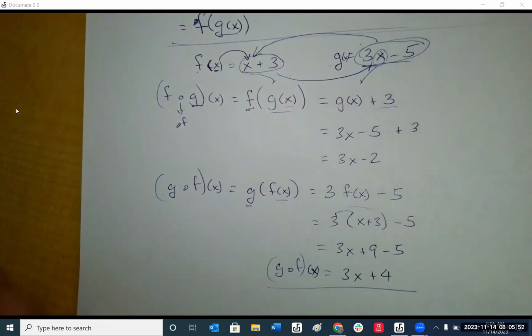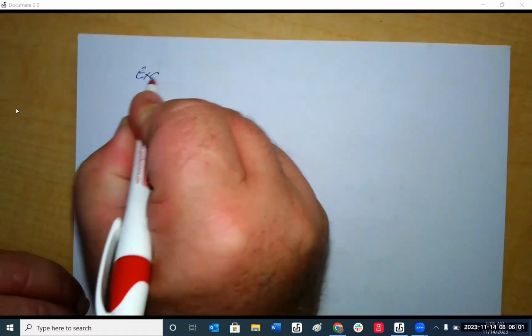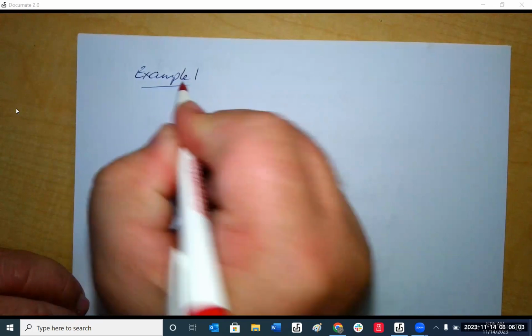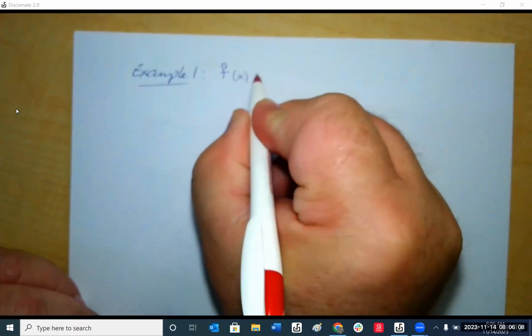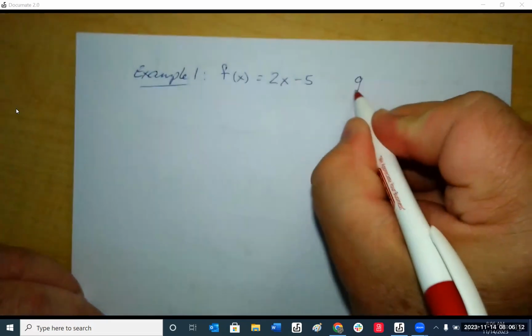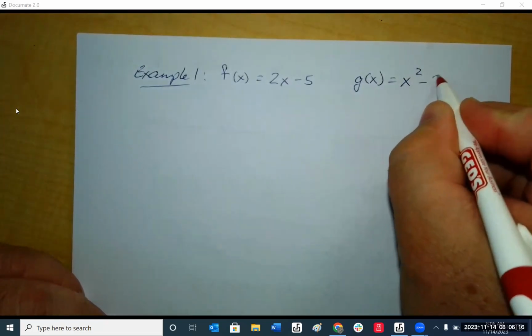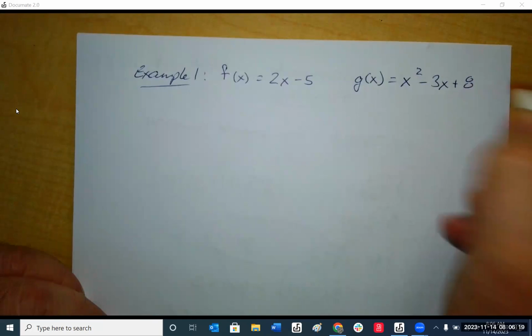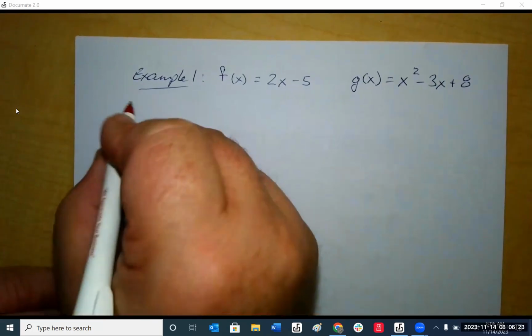Let's look at example 1 here. It says that f of x is 2x minus 5, and g of x is x squared minus 3x plus 8.